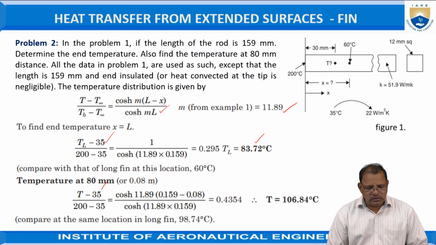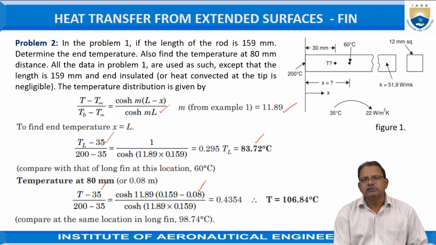The temperature at a distance of 80 mm is given by (T minus 35) divided by (200 minus 35), which is equal to cosh of m(L minus x), where m is already 11.89 and L is the length of the fin, equal to 159 mm as given, minus 0.08, divided by cosh of 11.89 into 0.159.